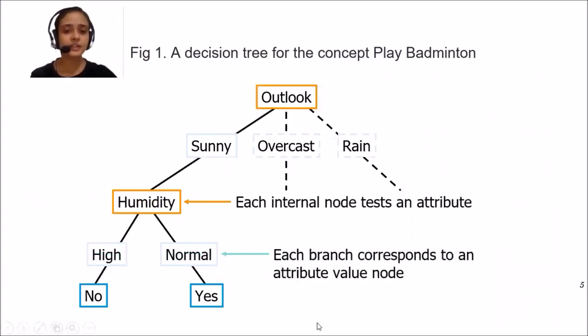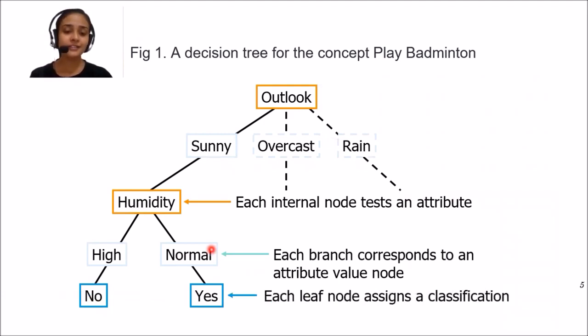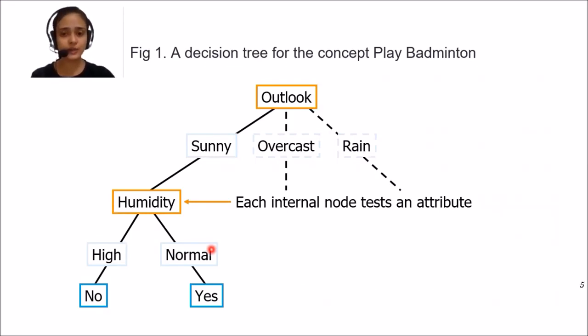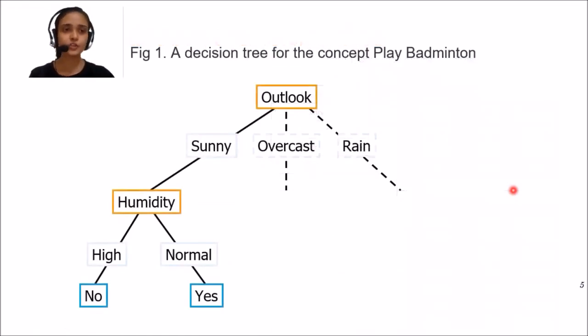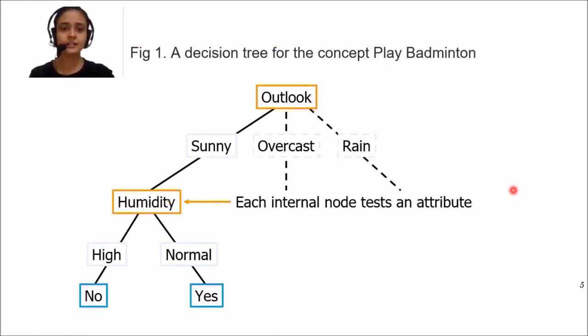So each branch corresponds to an attribute value, it means the value within the attribute. And the leaf node represents the class label, that is, each leaf node assigns a classification, that is my target variable. What is my target variable? It is the decision over here, and only two different values are there, yes and no. So the yellow colored rectangle is my internal node, that is, an attribute in my data set.